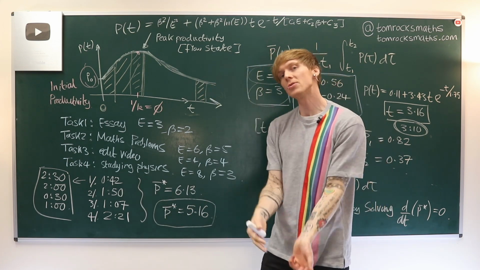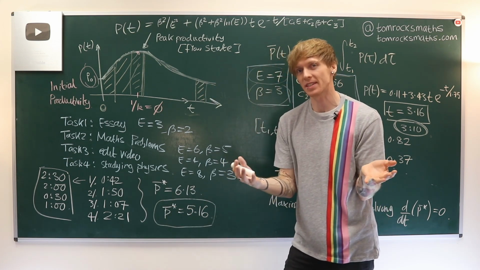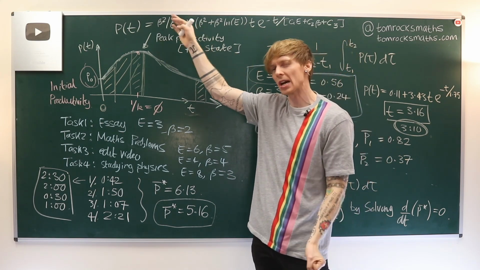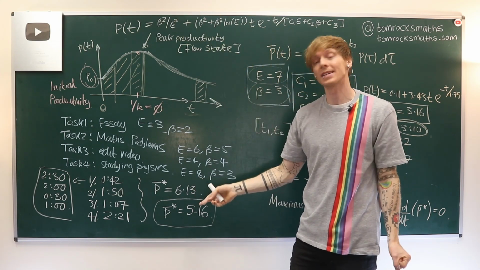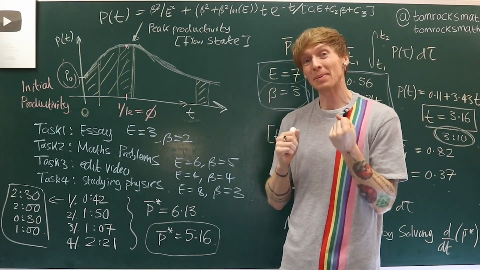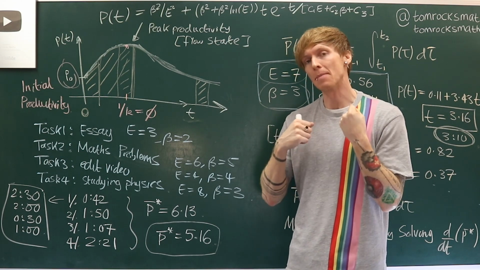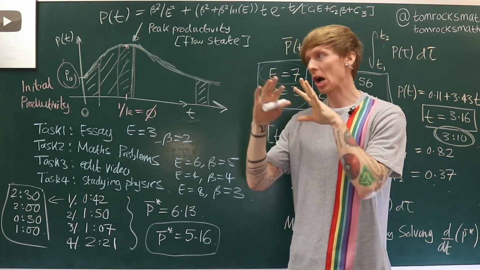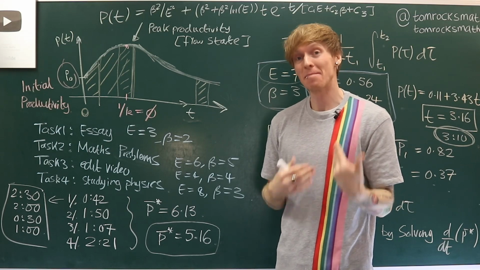But by using the maths of productivity and using the productivity curve, I've been able to increase that to 6.13. So that gives an almost 20% increase in my level of productivity across this 6-hour period.